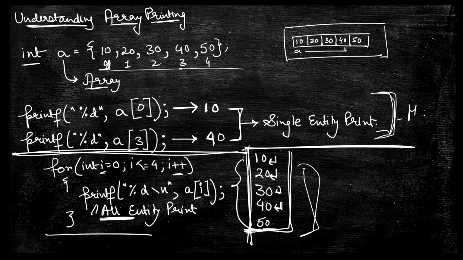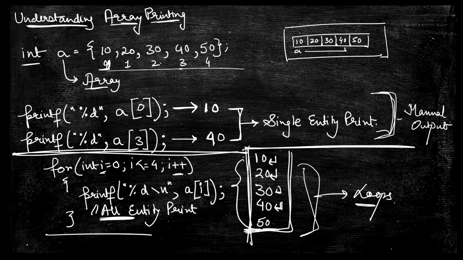So you can write manual output and this is loops. What we do is run a loop which controls the index of an array and prints it accordingly. Very simple.